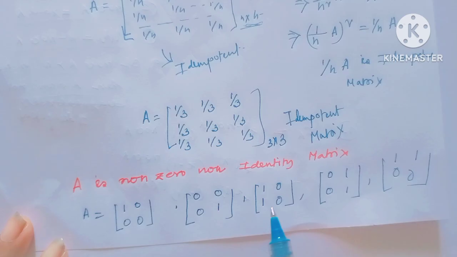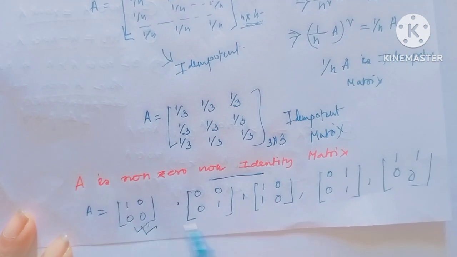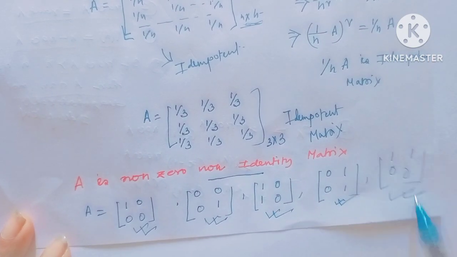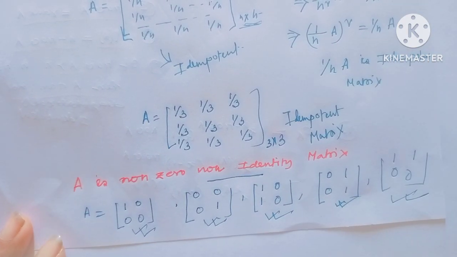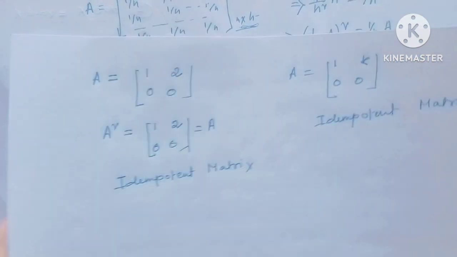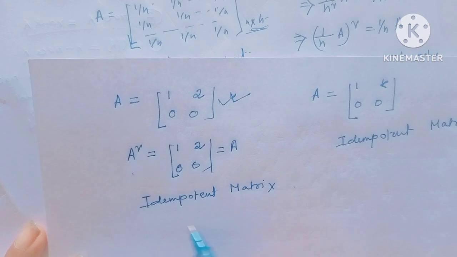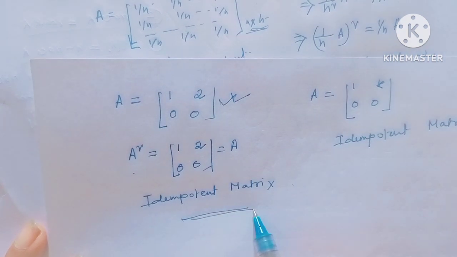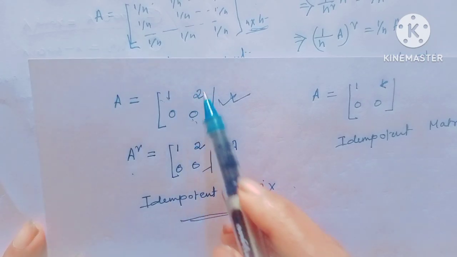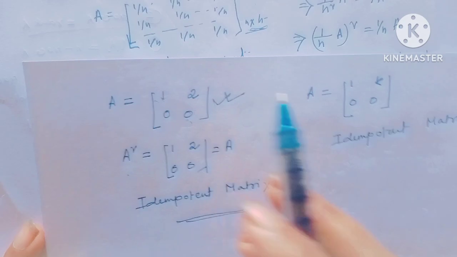If A is a non-zero, non-identity matrix, then idempotent matrices look like such types, where the entries are only 1 and 0. Also, this type of matrix is idempotent. Notice this is an upper triangular matrix and the eigenvalues are 1 and 0.